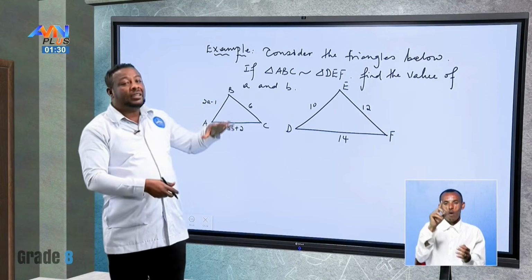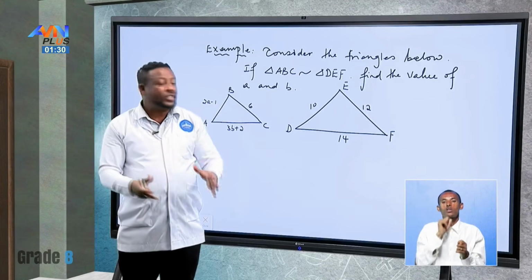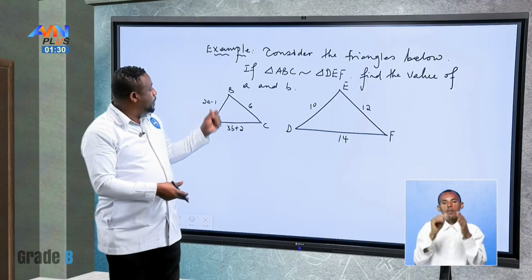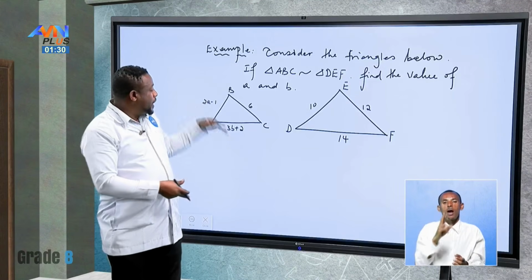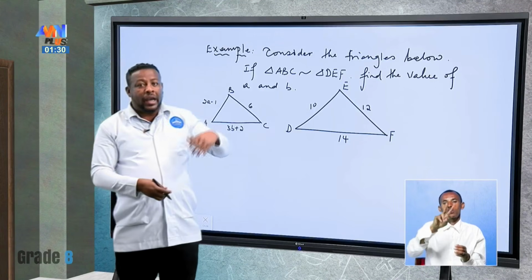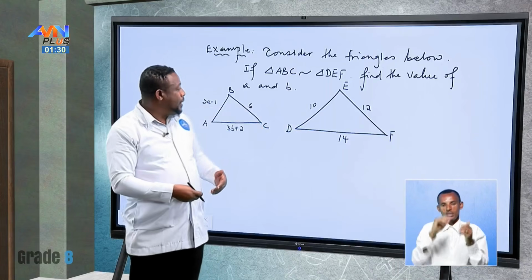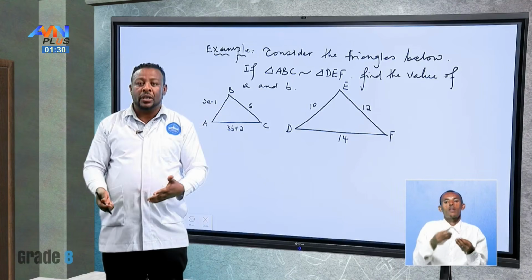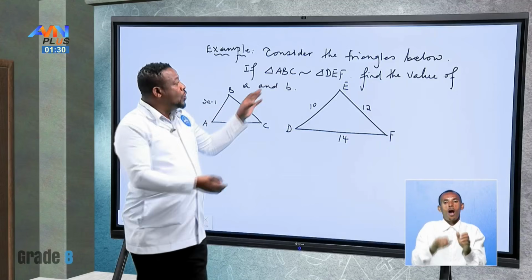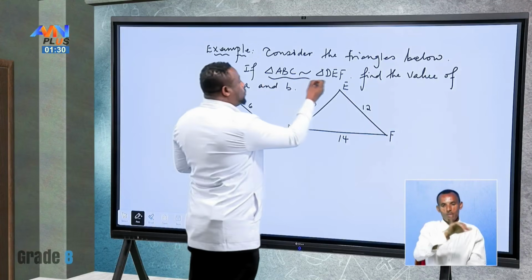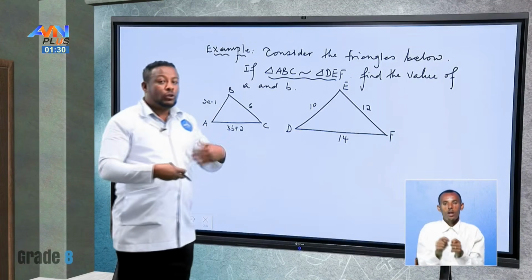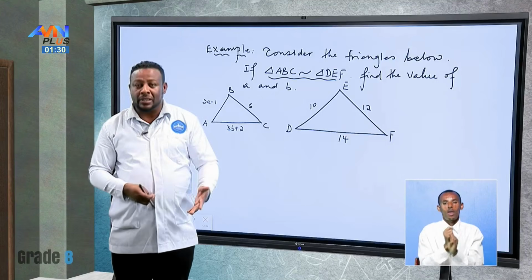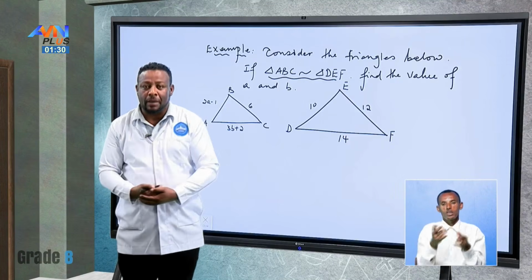So here it's given that these two triangles are similar, and the sides of one of the triangles are not completely known. Some parts of triangle ABC are known, and the sides are given in terms of certain variables. So having the condition of similarity, we can calculate the unknown variables the way we did in the previous example.